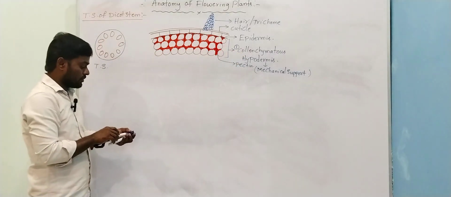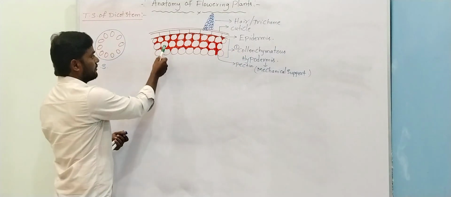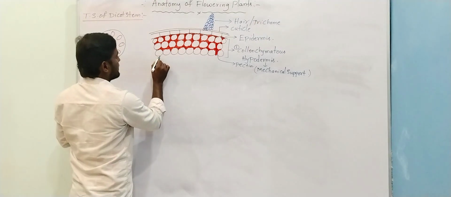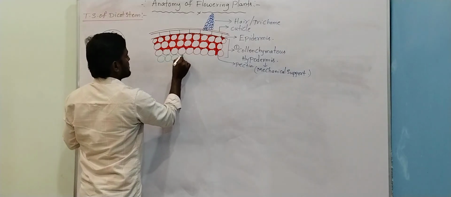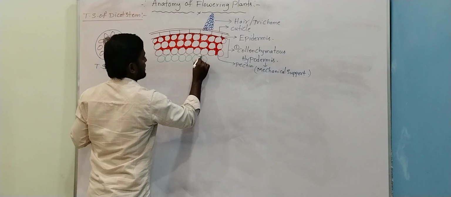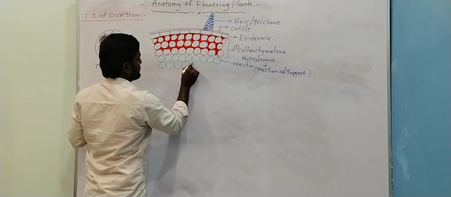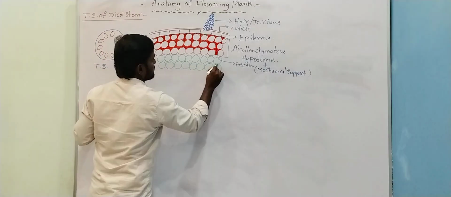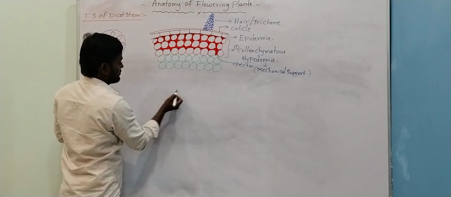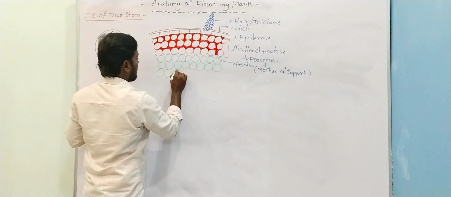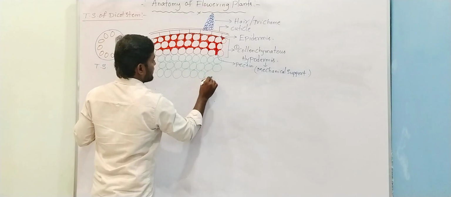Next, just beneath the collenchymatous hypodermis, the second layer of the cortex is made of parenchyma cells. Parenchymatous cortex. These cells are loosely arranged.